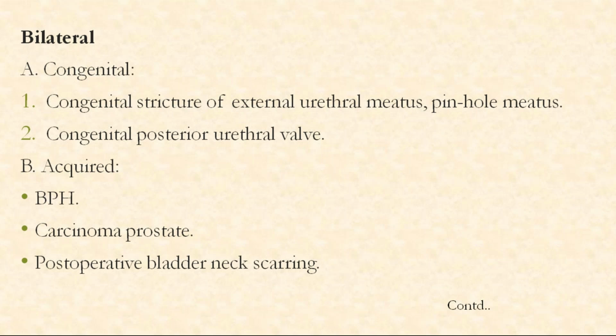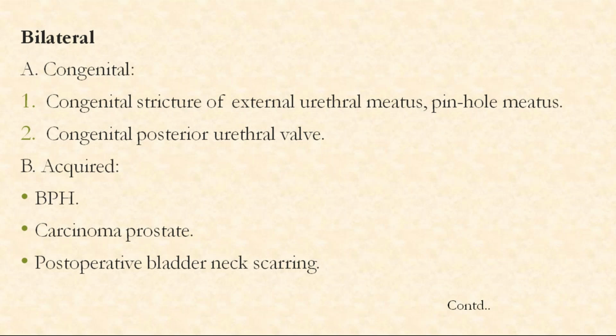Hydronephrosis is usually unilateral. If it is bilateral, what are the conditions responsible for the development of bilateral hydronephrosis? It may be congenital or acquired. Congenital means congenital stricture of the external urethral meatus, pinhole meatus.